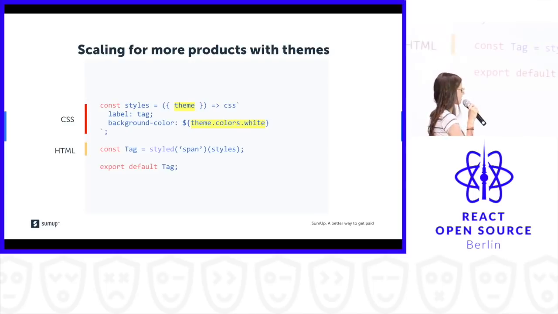If you're not familiar with this approach, essentially the theme, which is just a plain JavaScript object, can be exposed through context to each of these components. And what it means is that you can just use this object, put it in your CSS, and you don't have to think, what's my body class? Do I need to make some other funny conditions or mixins? It's so declarative and so clean.